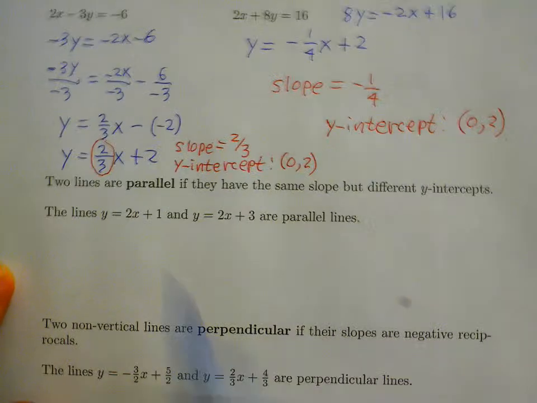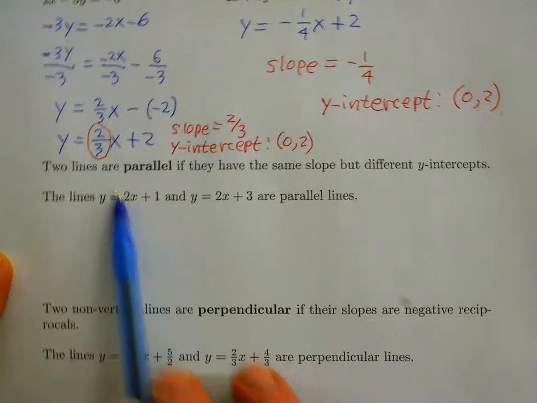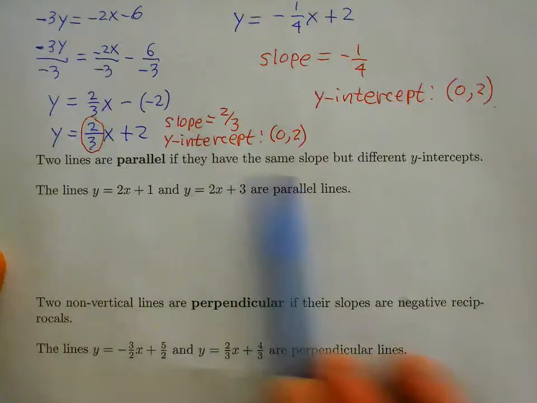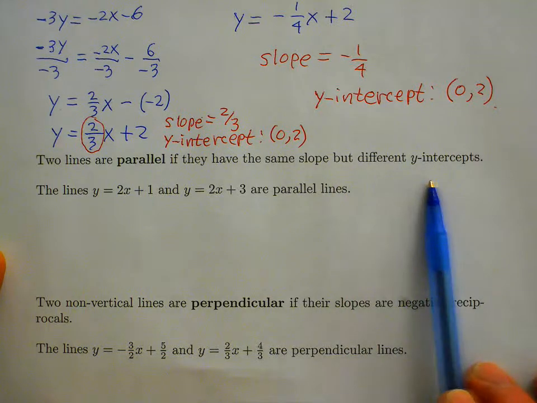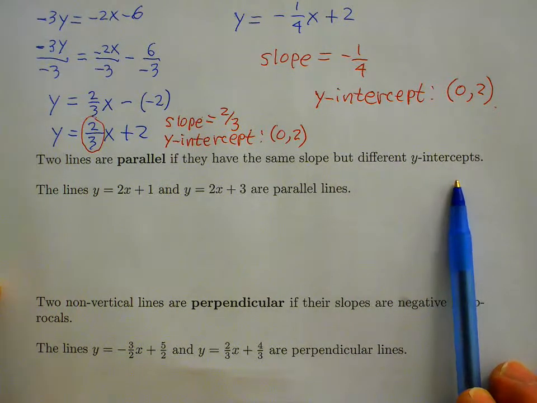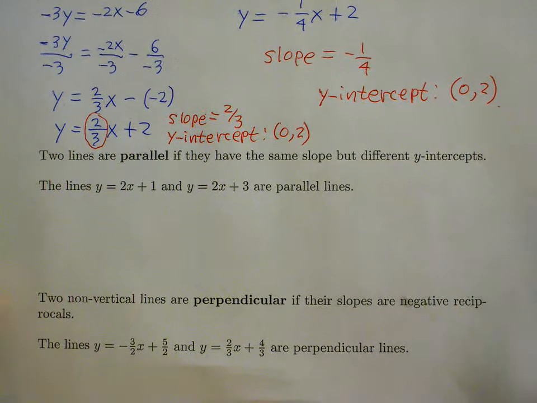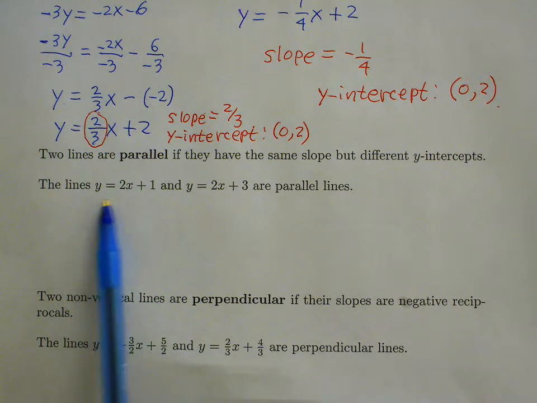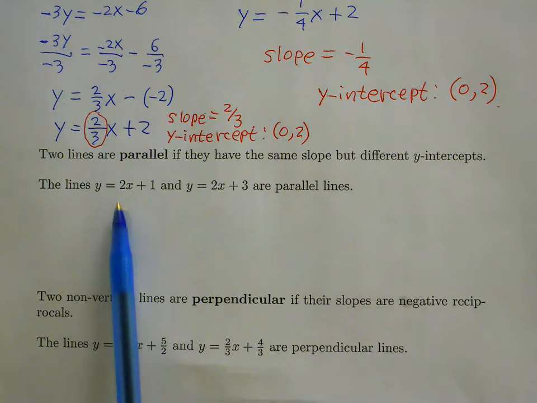Okay, here's our next definition. Two lines are parallel if they have the same slope but different y-intercepts. One thing nice about equations that are in slope-intercept form is we can tell by looking what the slopes of the lines are.